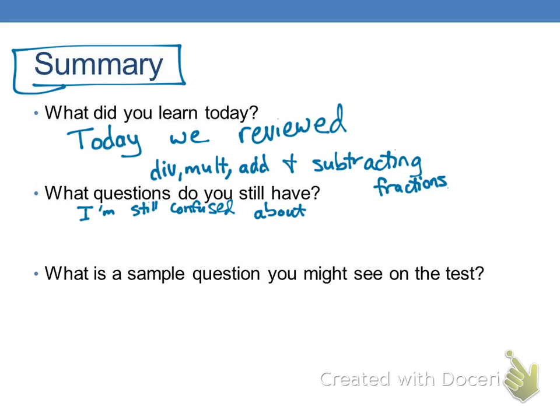But you can't be confused about nothing every single day. I'm still confused about the least common denominator. Tricks me sometimes. Or I'm still confused about changing mixed numbers to improper fractions. Or I'm still confused about simplifying fractions at the end. Write yourself a little note if something is still bothering you.